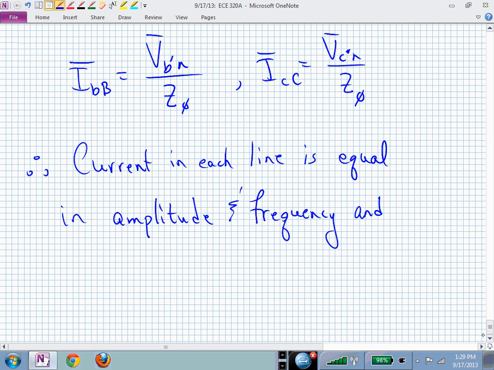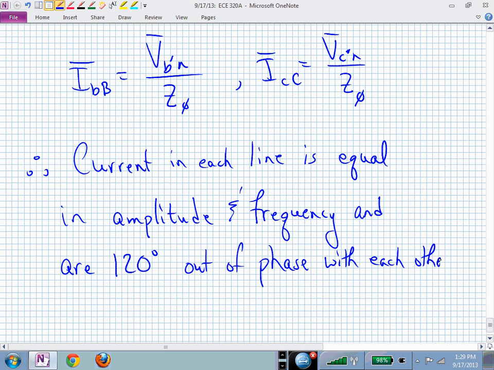So we now have all of our currents in each line. They're equal in amplitude and frequency and are 120 degrees out of phase with each other.